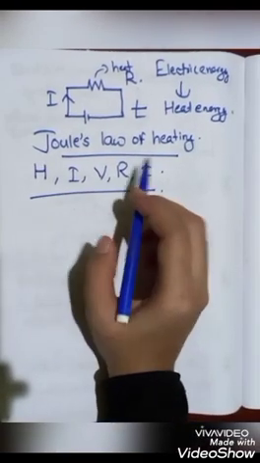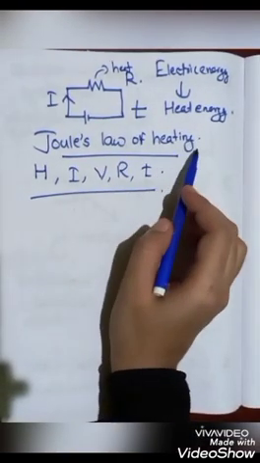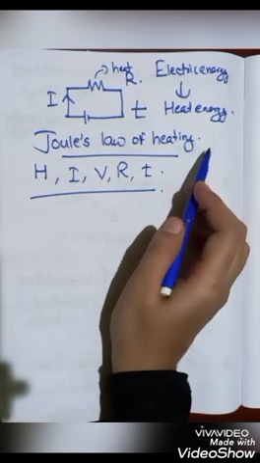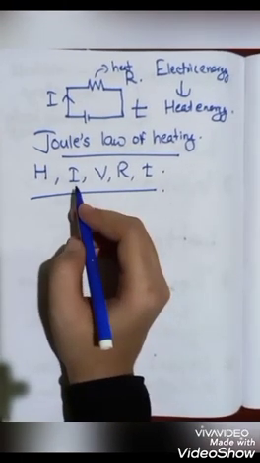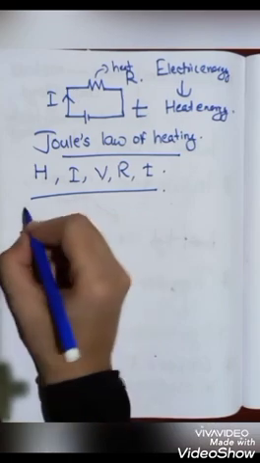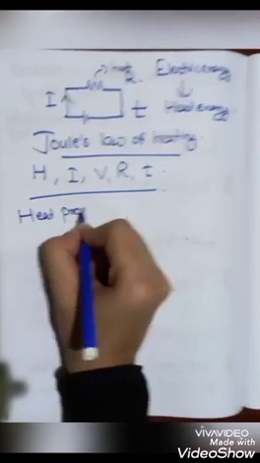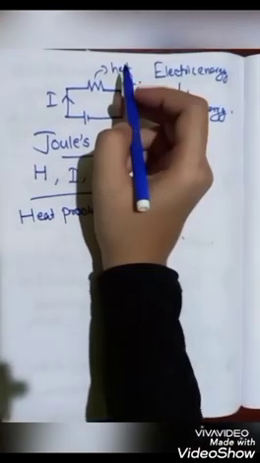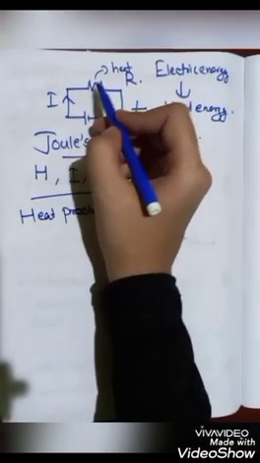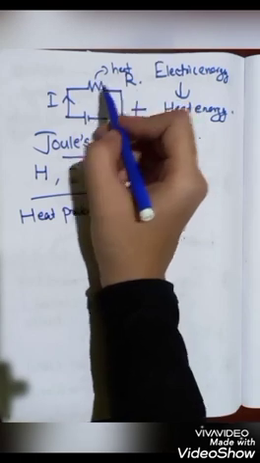Okay. Then Joule's law of heating states that the heat produced in a resistor is directly proportional to, heat can be denoted by the letter H, the square of the current. I already said that some of the current is converted into heat here.